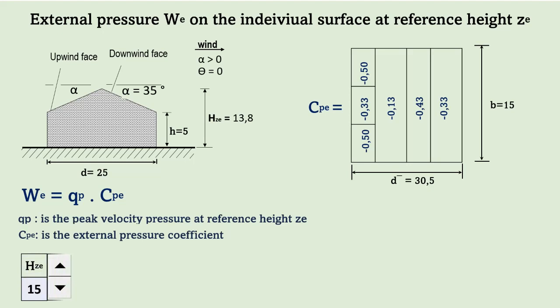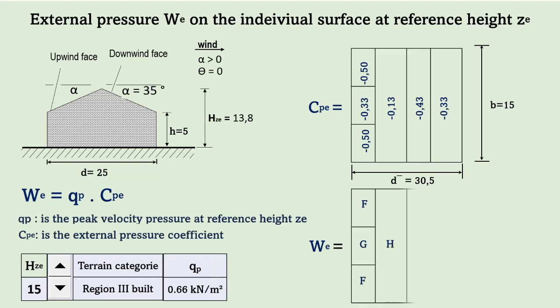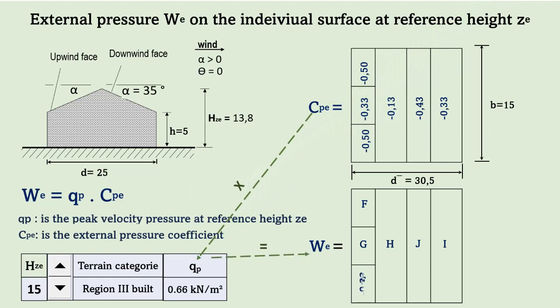Reference height rounded up to 15 meters to match the height values in the table. The CPE values in each zone multiplied by QP value, here it is 0.66, give us the values of external pressure WE in every zone of the duopitch roof.